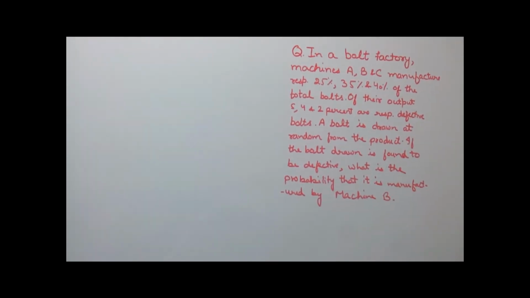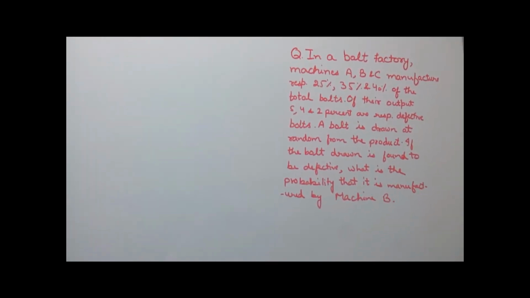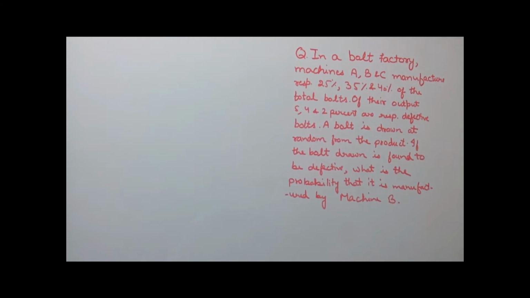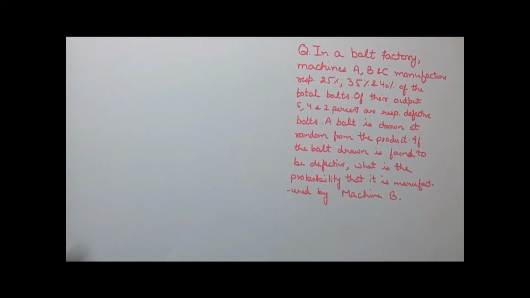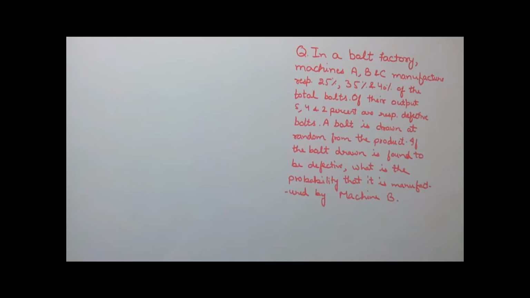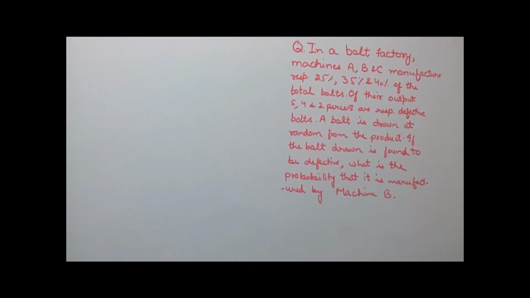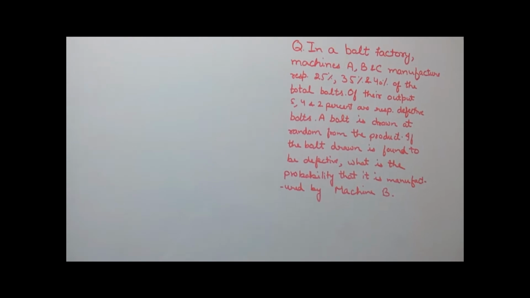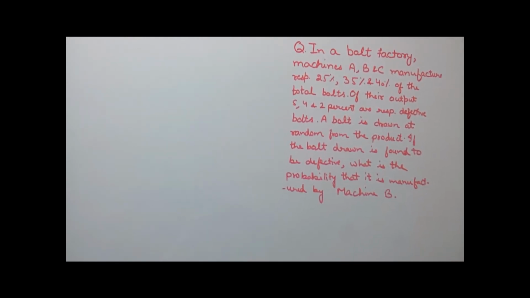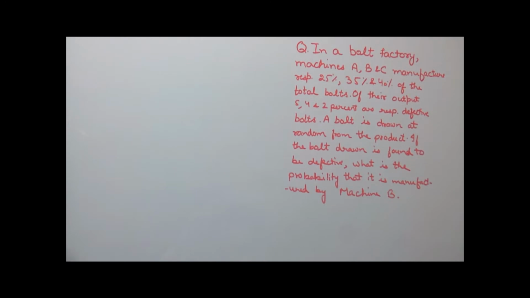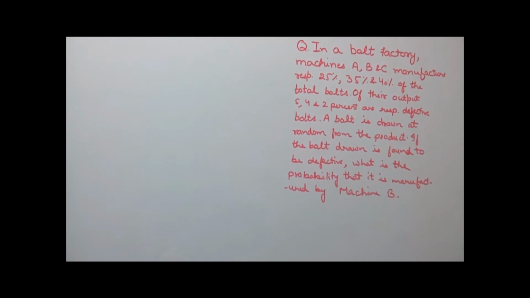Here the question says, in a bolt factory, machines A, B and C manufacture respectively 25%, 35% and 40% of the total bolts. Of their output, 5, 4 and 2% are respectively defective bolts. A bolt is drawn at random from the product.